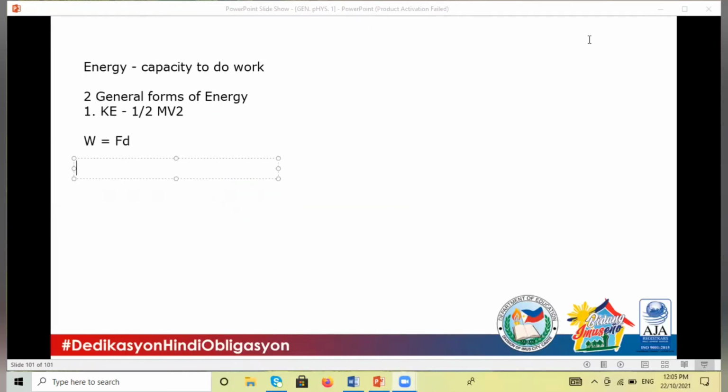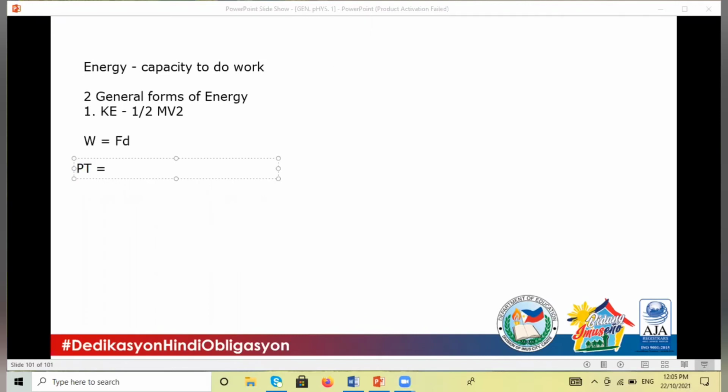Form of energy, general form of energy is the potential energy.